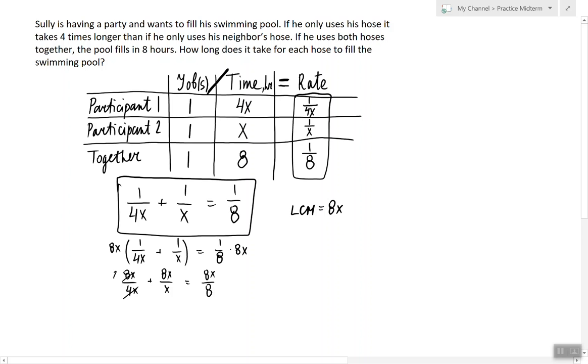Reduce. And we got 2 plus 8, 10. 10 equals x. So the time that it takes the second hose to fill out the pool is 10 hours.